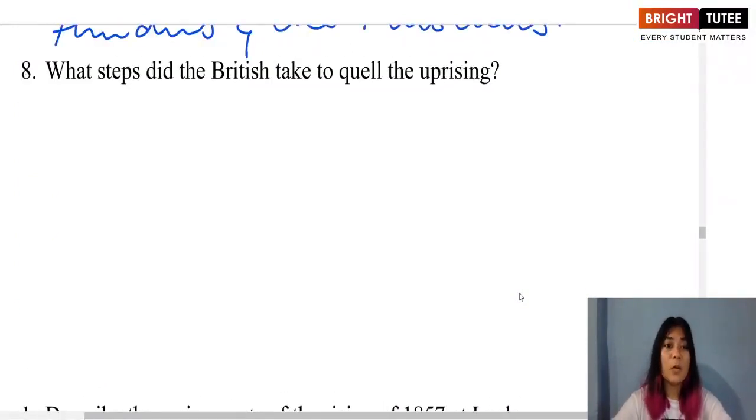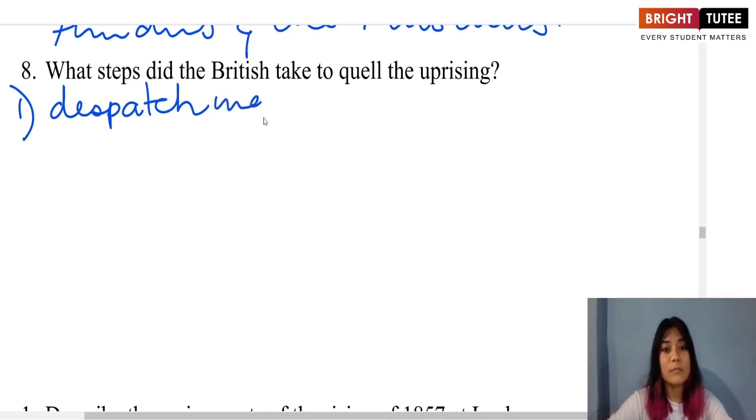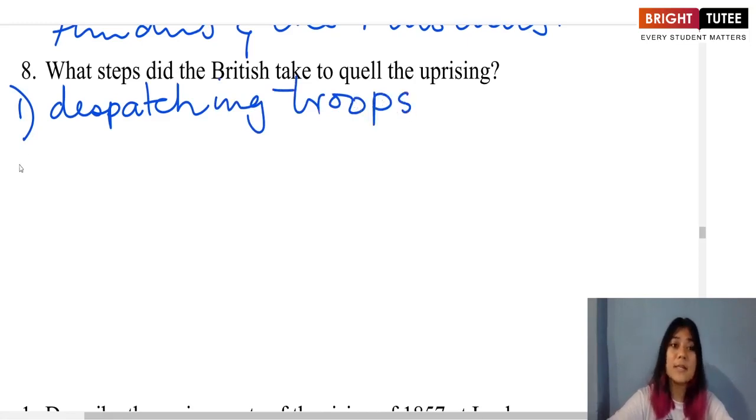Next question. What steps did the British take to quell the uprising? What did the British do to crush the uprising? So there were various steps that were taken. First, a huge number of troops were dispatched to fight against the Indian rebels.